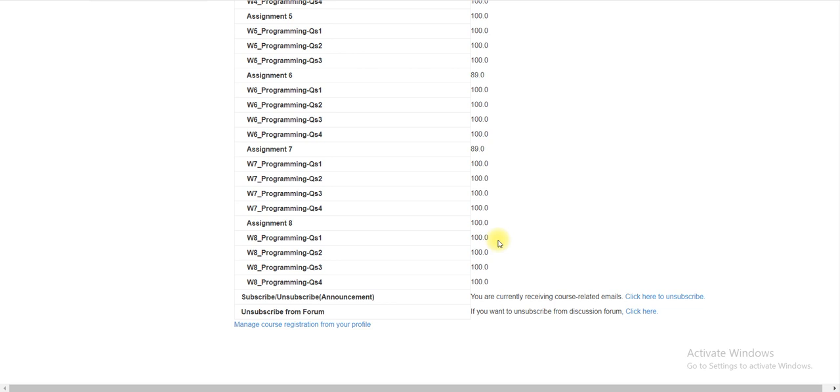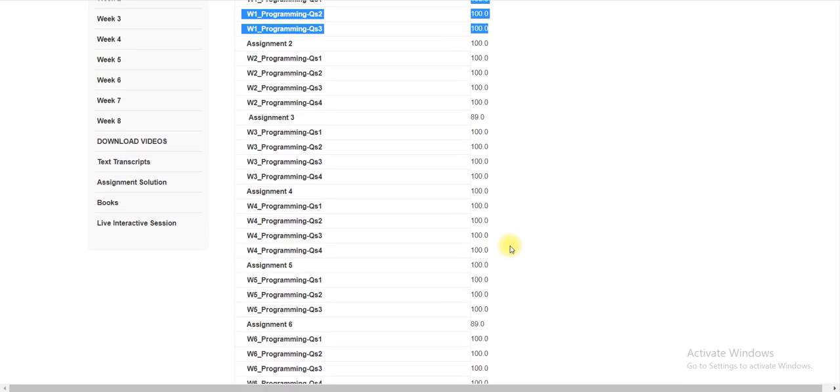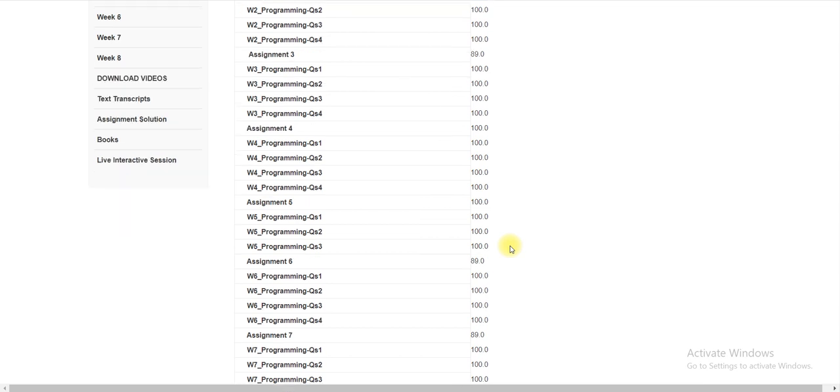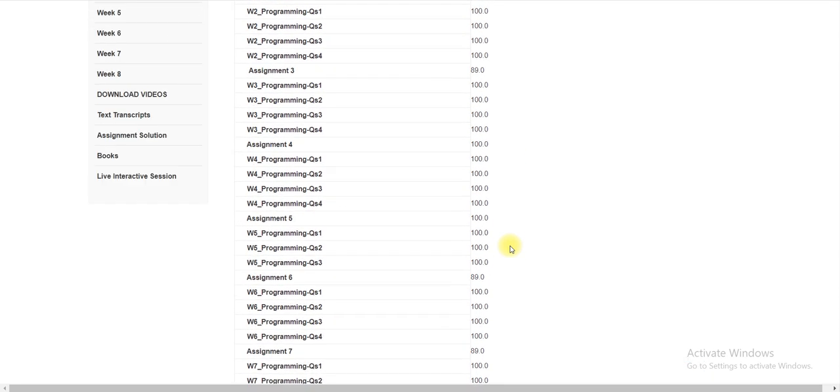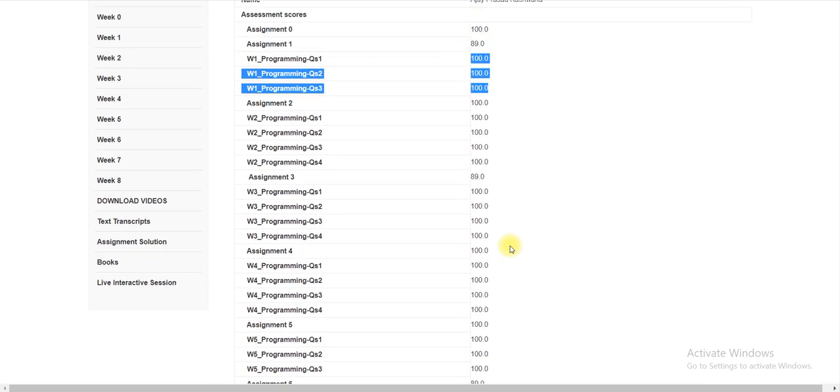So NPTEL will calculate all these 8 weekly average assignment scores, and after that they put all those weekly scores, and then check the 6 best weeks, because this is an 8 week course, so NPTEL considers the 6 best weeks. NPTEL finds the 6 weeks in which you have secured the highest score, and sums them.